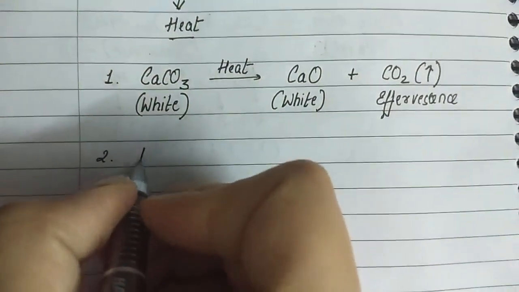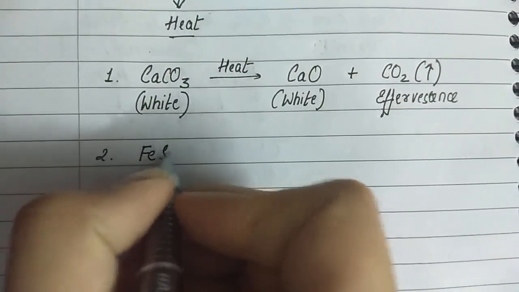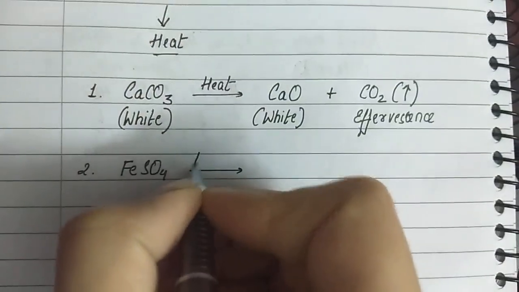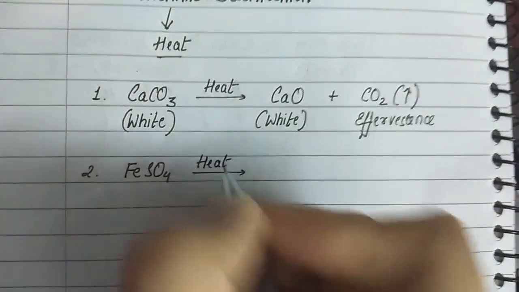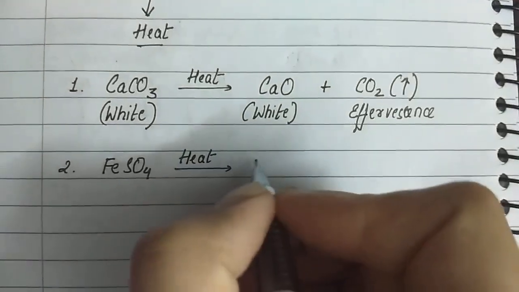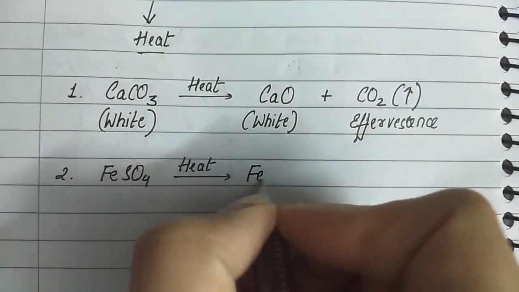Second, thermal decomposition of ferrous sulfate. Now when ferrous sulfate is heated, what we observe is it breaks down into three simpler products.